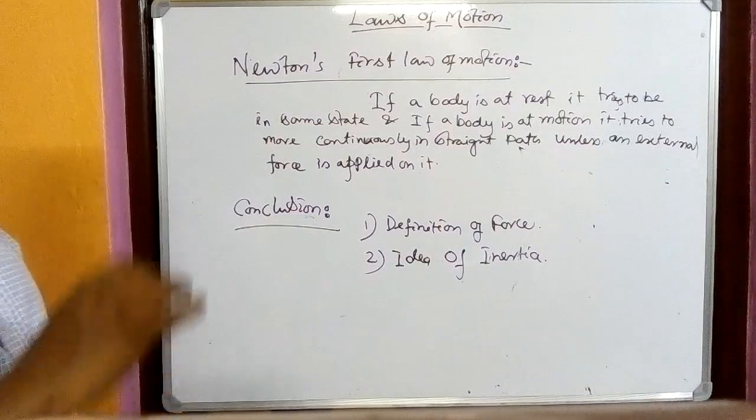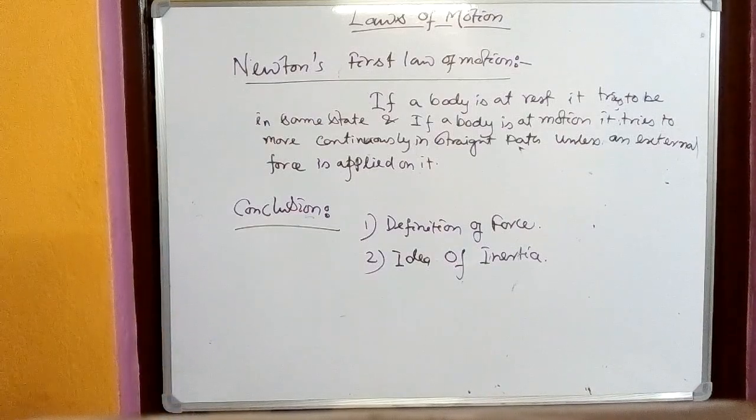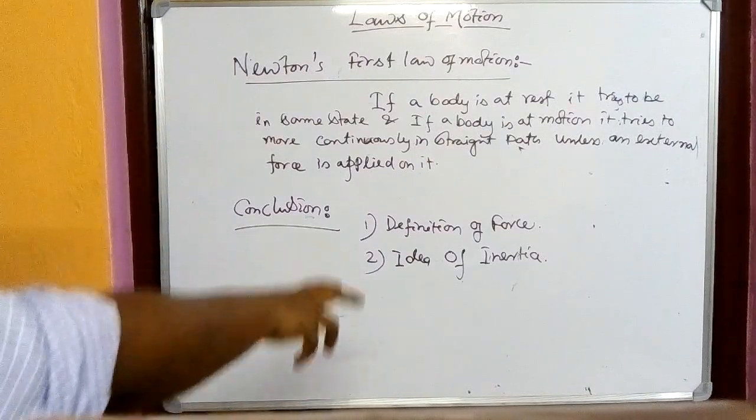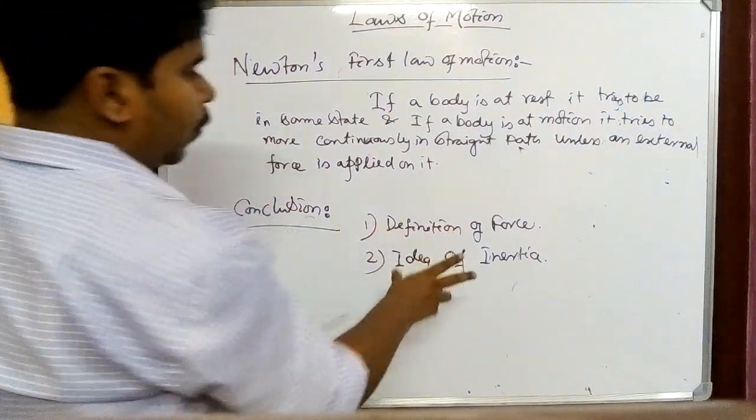What I am telling is that by the application of force we can change the state of rest or the state of motion, unless the body will be in the same state. That is force. So in the light of Newton's first law we can define the force.